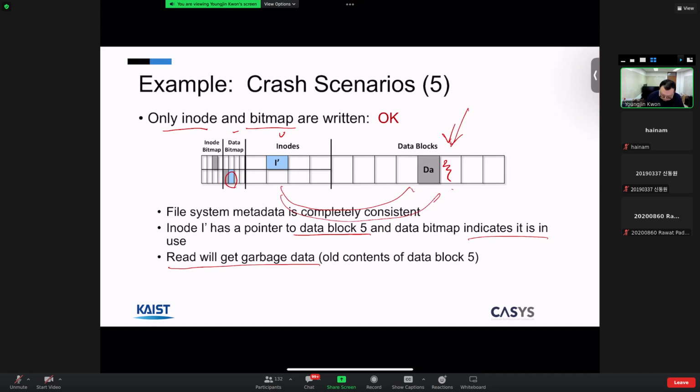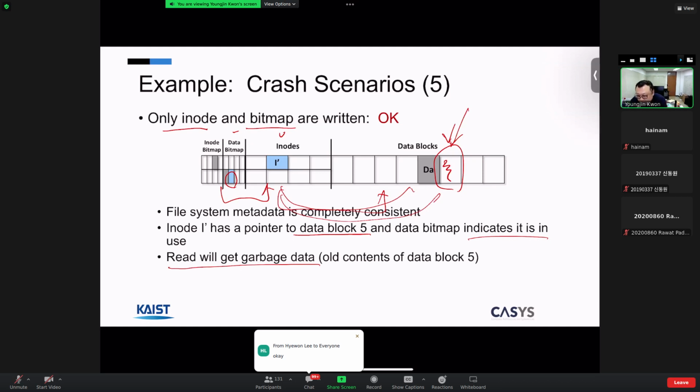From the file system perspective, these are completely consistent, this information and this information. So the file system defines these states as consistent. You may not like it, but at least this does not violate the consistency guarantee. Does it make sense? Okay. Follow-up question.